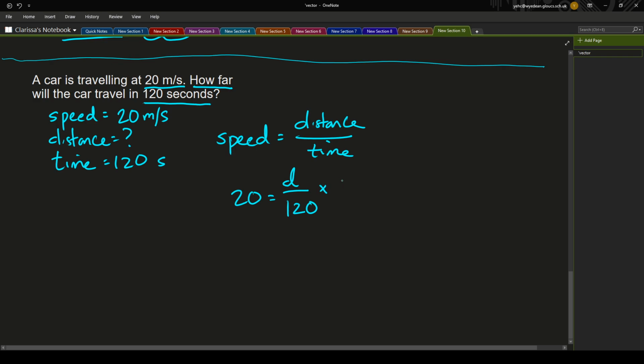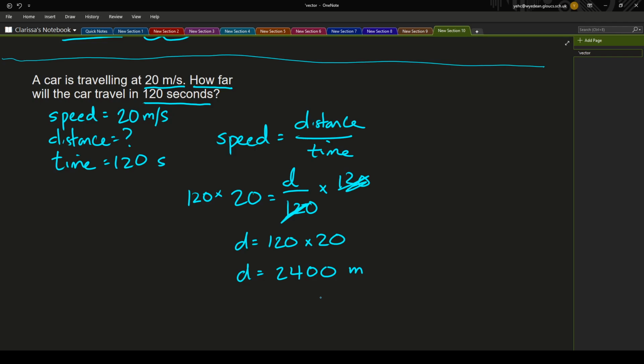I can get rid of the 120 by timesing both sides by 120. Those cancel out, and then you're left with distance is 120 times 20, which is 2400 meters. So 2,400 meters should have been your final answer. Hopefully we all got that.